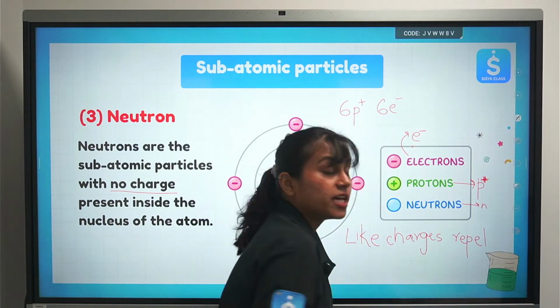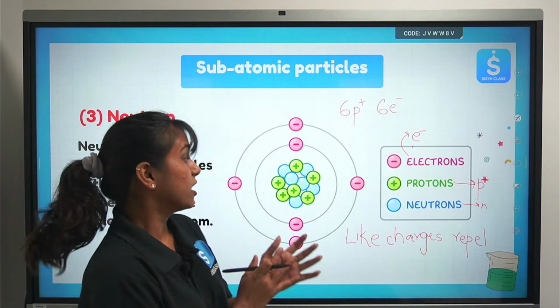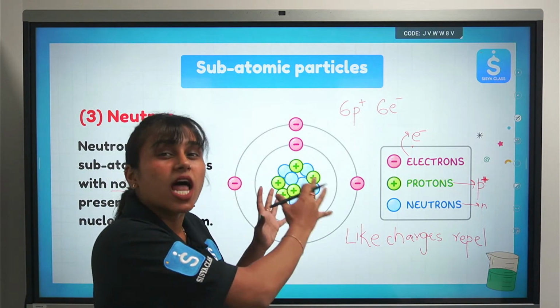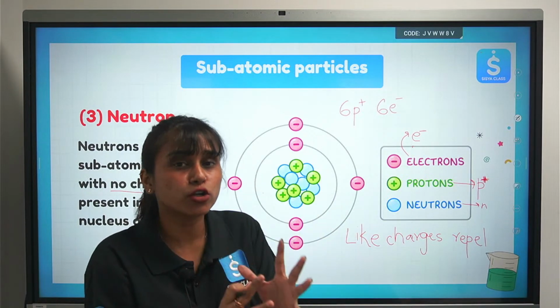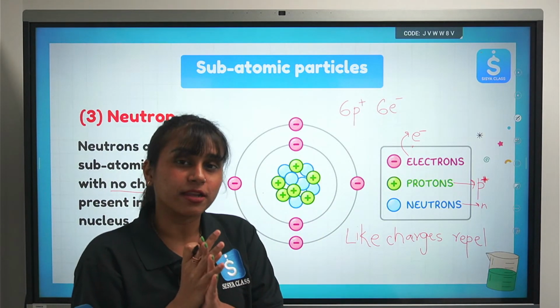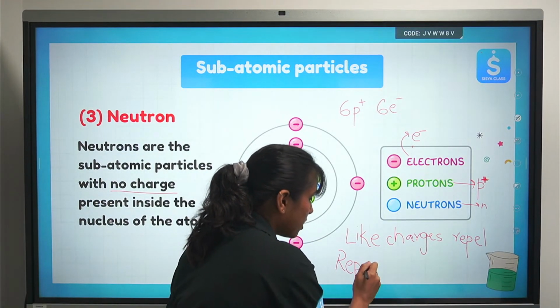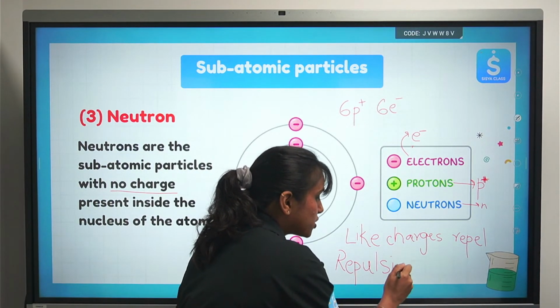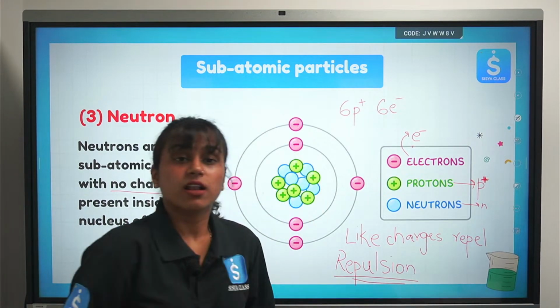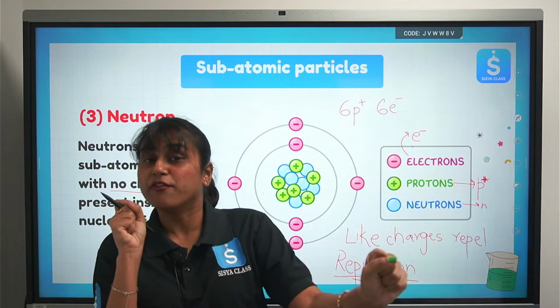Like charges repel each other. Don't we know that? Now imagine this large number of positive protons together in such a small nucleus. What would happen? Won't the repulsion be huge? They would just repel each other. They would want to move away from each other.